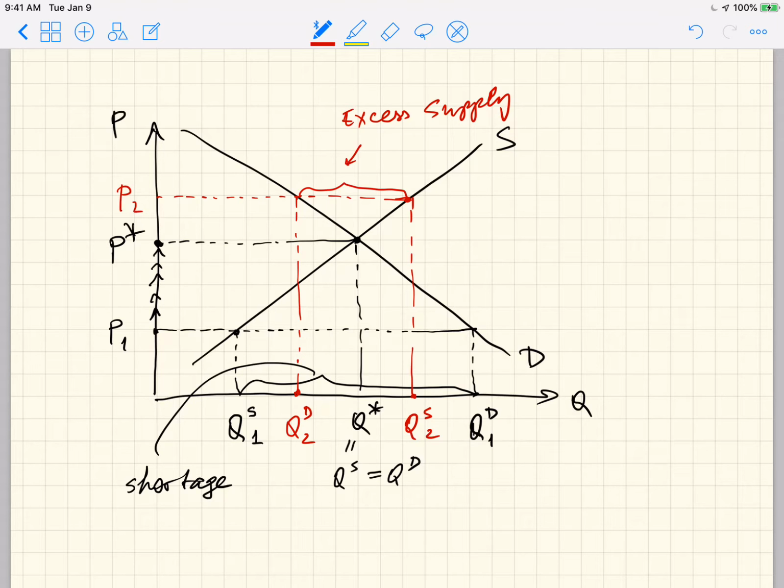And when you have an excess supply, it means producers are not able to sell all their stuff because consumers are not demanding enough. And that puts a downward pressure on the price. So producers are eager to sell their stuff, so they're lowering their prices, and that pushes price downward, and it keeps happening until we get to the point where we're at the equilibrium price, where quantity demanded matches quantity supplied, just like we saw in the beginning.